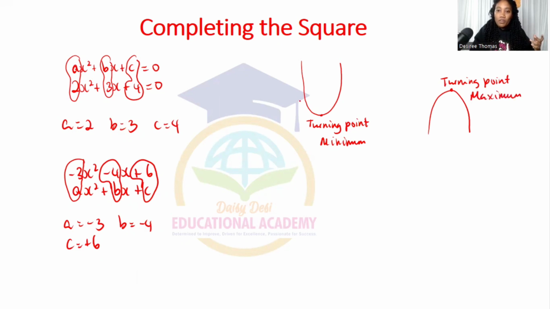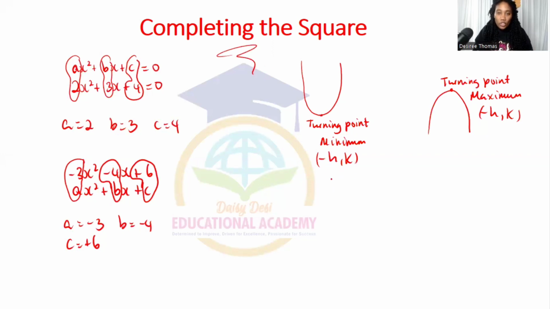So if the curve is shaped like this, it's a minimum. If it's shaped like that, it's a maximum. To calculate the turning point, it is minus h, k. And where do these values come from? They come from when we complete the square.